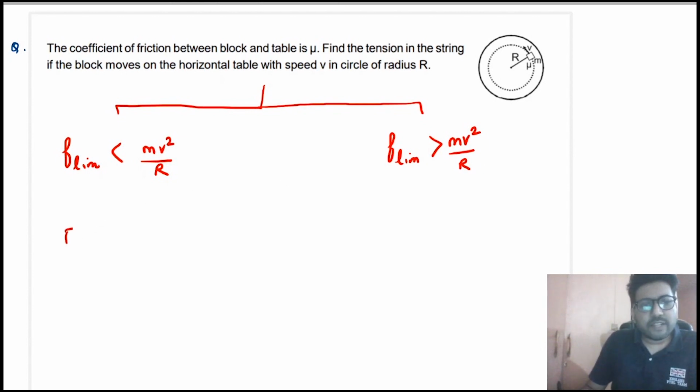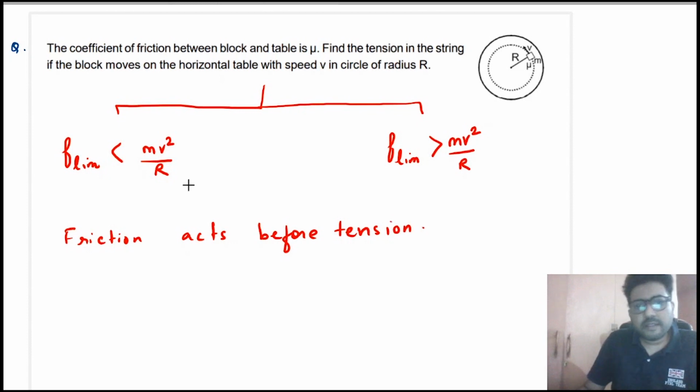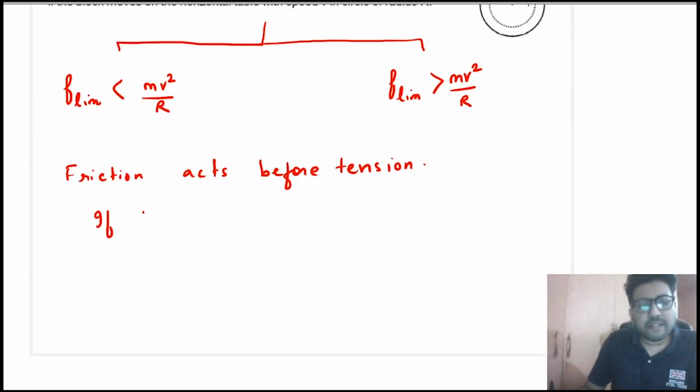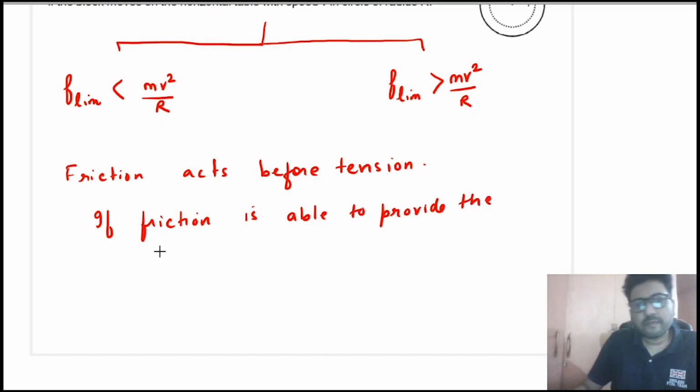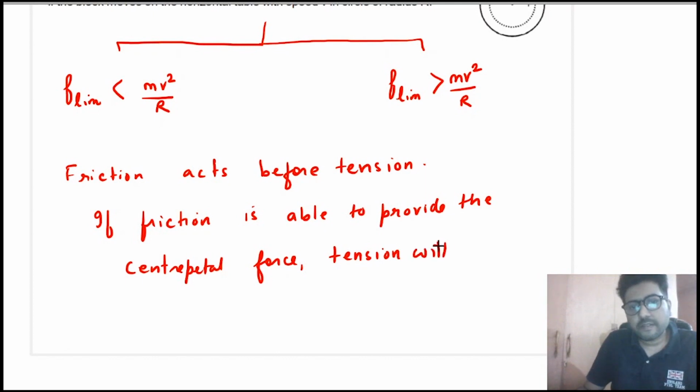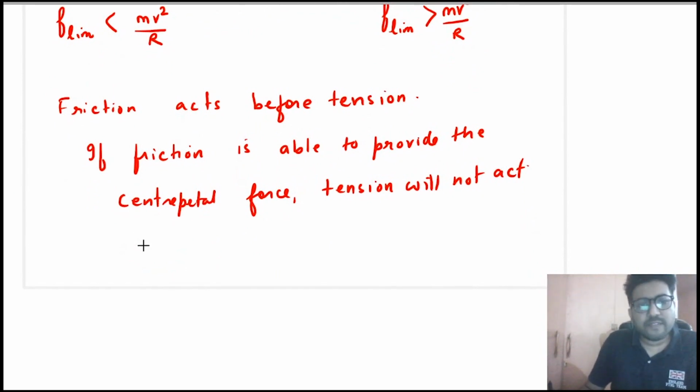Now you know that friction acts before tension. That means if friction is able to provide the centripetal force, tension will not act, and the necessary centripetal force is mv square by r. V is fixed, r is fixed.